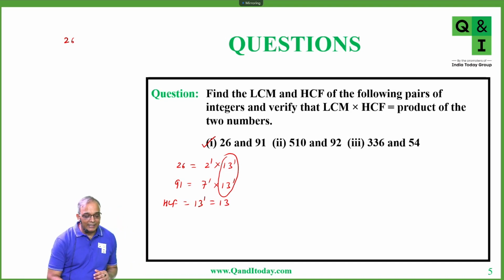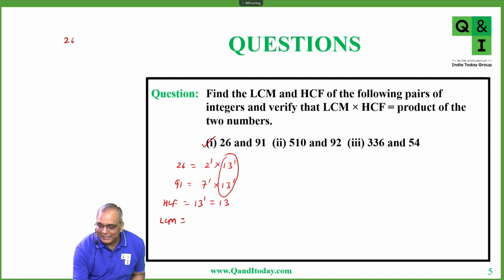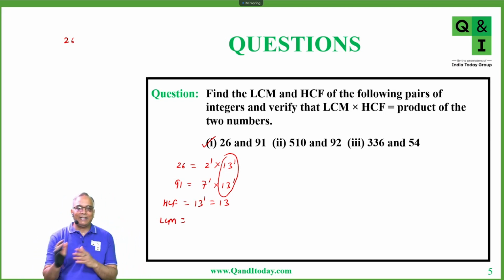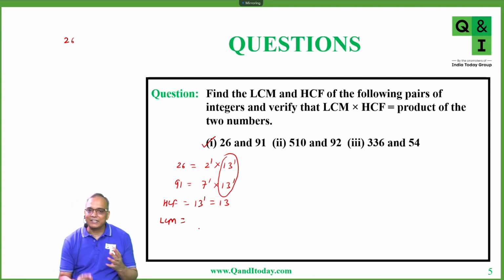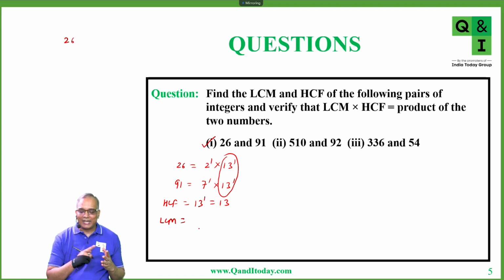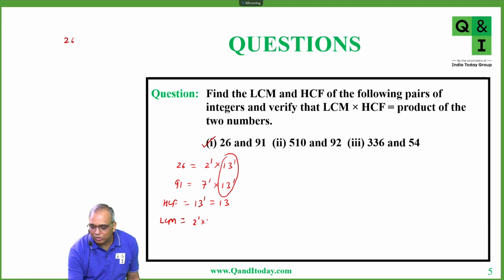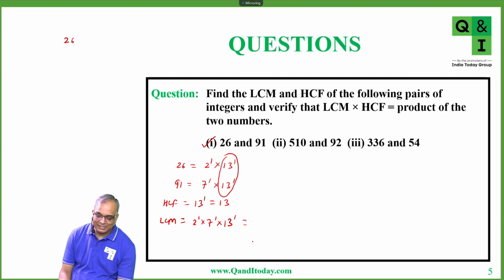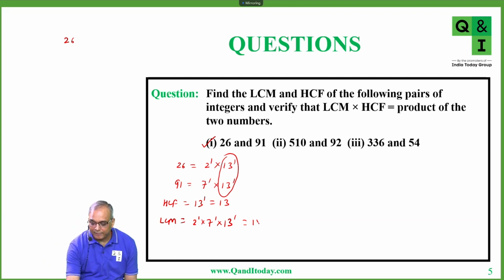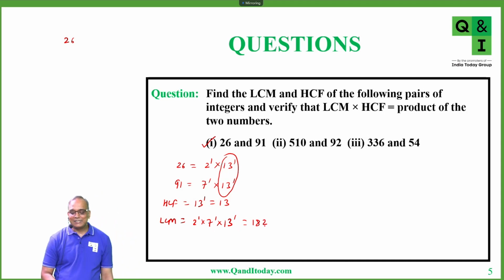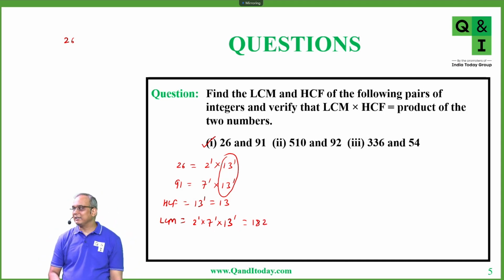In case of LCM, we take all the prime factors, which are 2, 7 and 13, with the highest power of each. The highest power of 2 is 1, of 7 is 1 and of 13 is 1. So LCM will be 2 to the power 1 into 7 to the power 1 into 13 to the power 1. If you calculate this, 13 sevens are 91, into 2 is equal to 182. Okay. So LCM is 182 and HCF is 13.